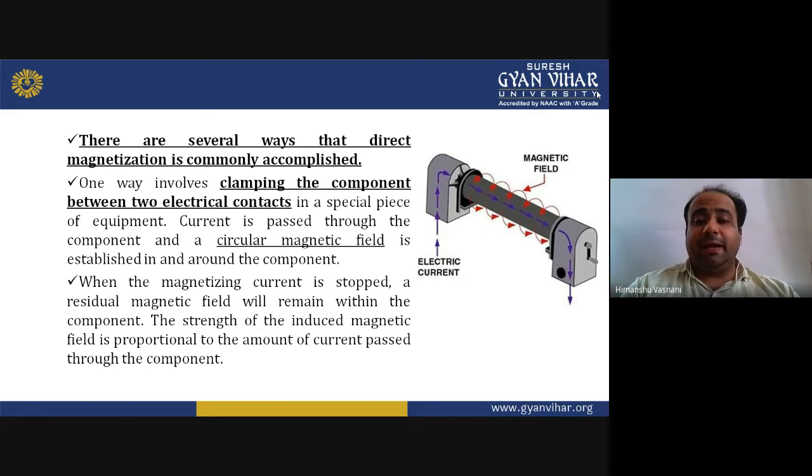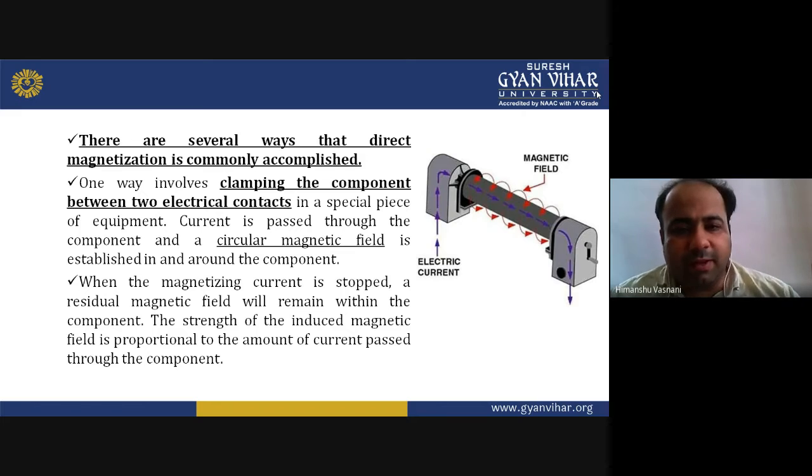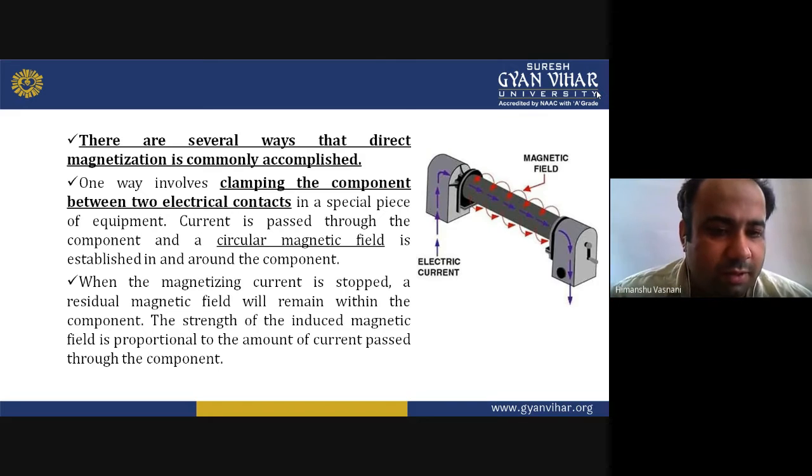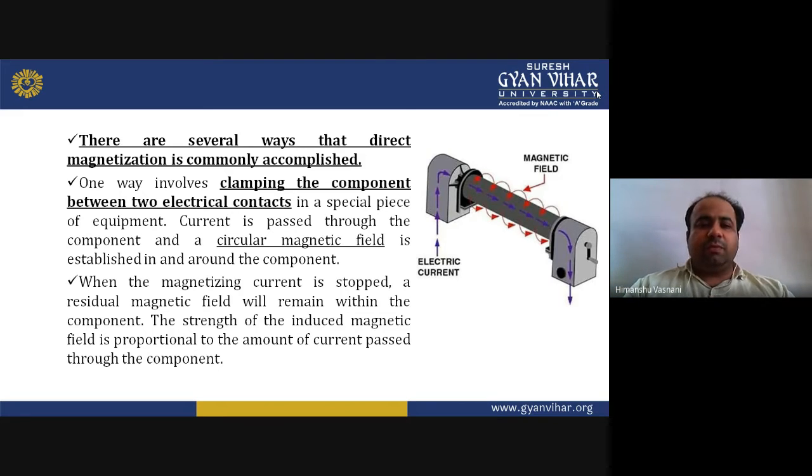When the magnetizing current is stopped, a residual magnetic field will remain within the component. It is a ferromagnetic material, so automatically a residual magnetic field remains. The strength of the induced magnetic field is proportional to the amount of current passed through the component.